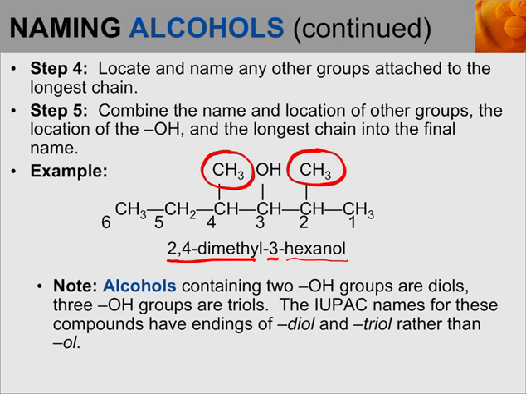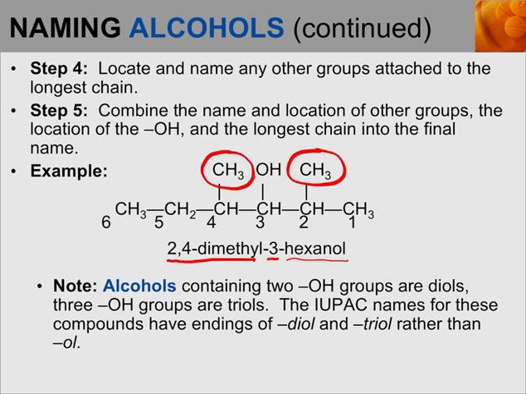Now here we didn't have much of a choice because there were methyl groups on either side of that OH. So the OH group had to be on carbon 3. But if you had to choose, you would prioritize OH. And I'll go over an example of that in a second.